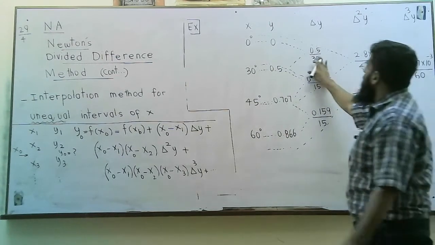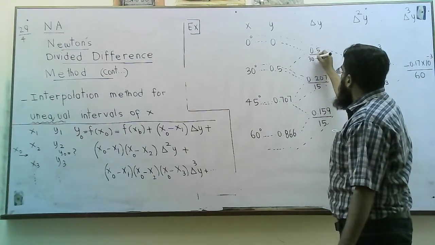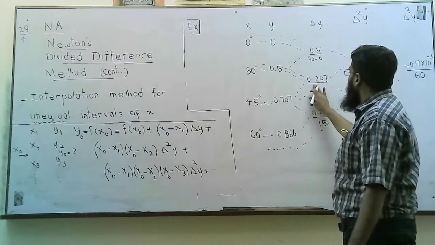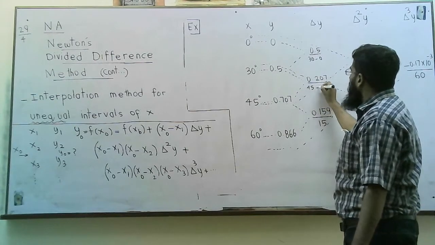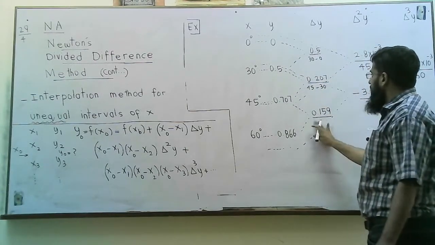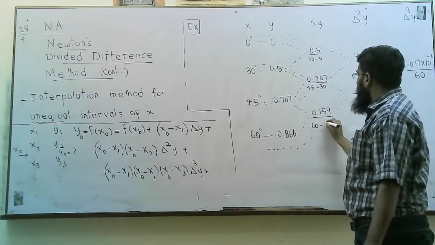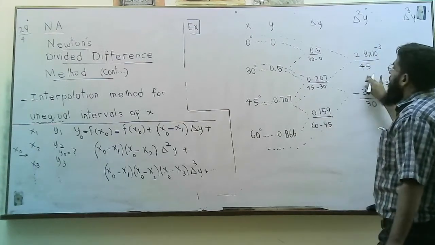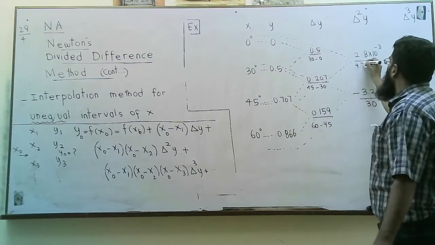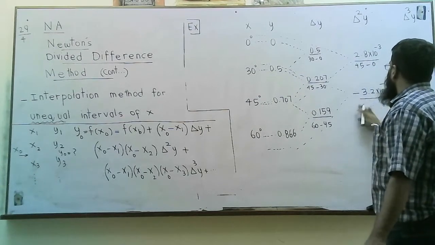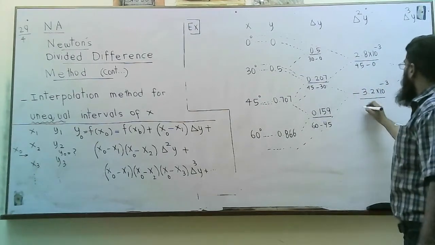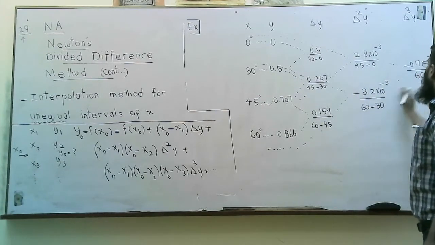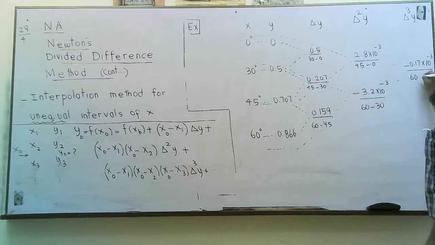So this 30 comes out as 30 minus 0. This 15 is actually 45 minus 30. This 15 is 60 minus 45. This 45 is 45 minus 0. This 30 is 60 minus 30. And this 60 is actually 60 minus 0.